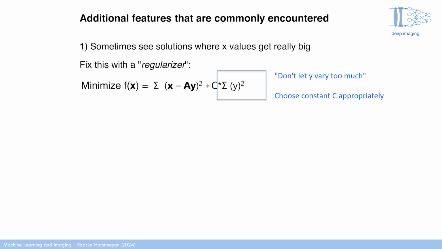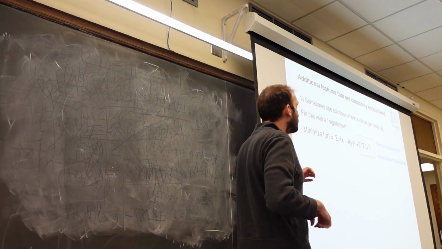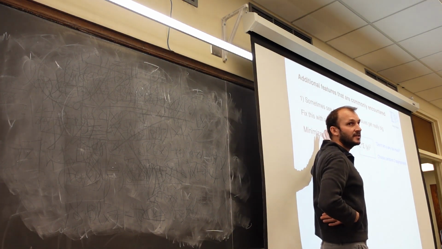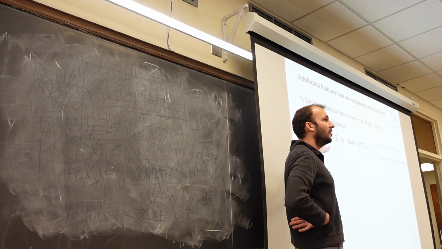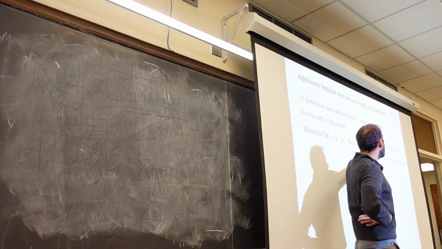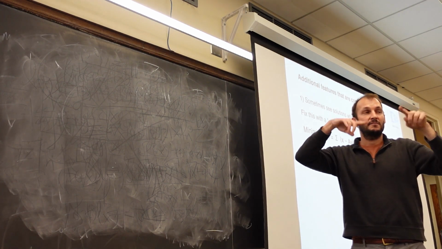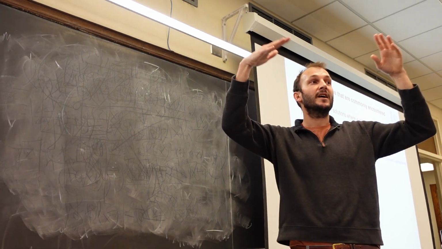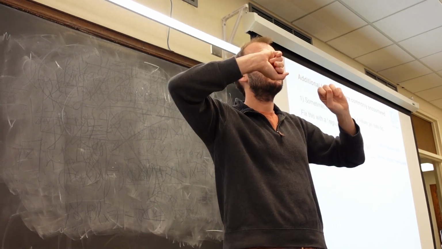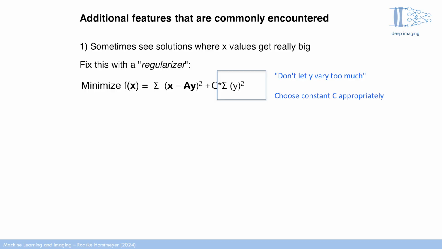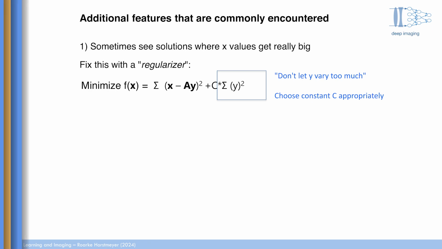It's not going to be like 0 and 99% for some of them. It's mostly going to be around 10, 20% across all of them. Then you can add this term where you sum up the squared values of y and add it to your cost function, right? And so then the goal of this is going to be to jointly minimize the squared values of y. And so if y is wildly varying, the squares of those values added up will be larger than if y is pretty homogeneous, right? Just kind of following Pythagorean's theorem picture, okay?